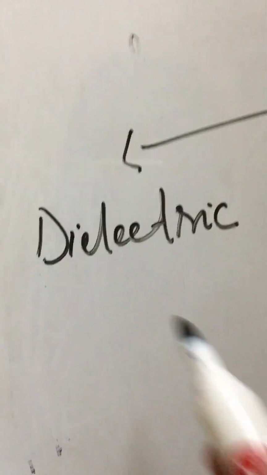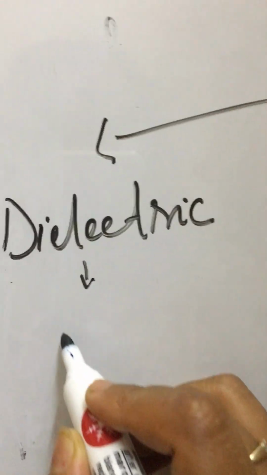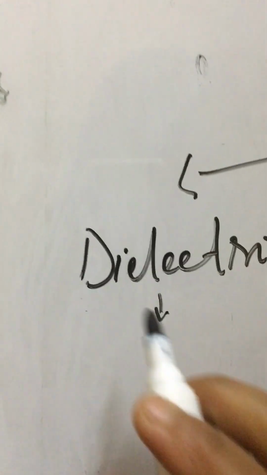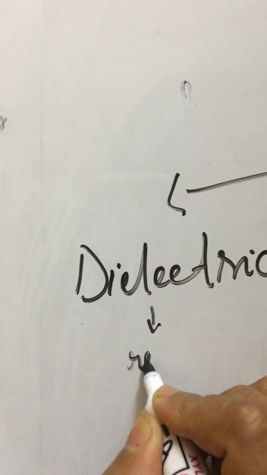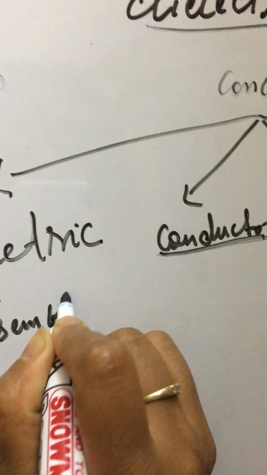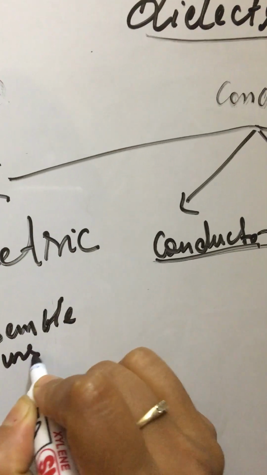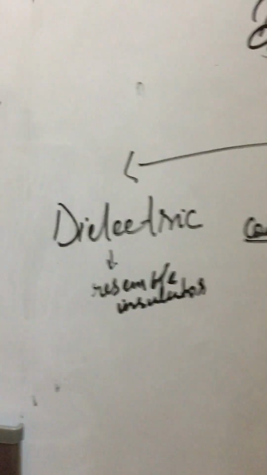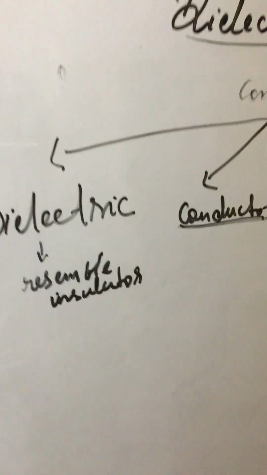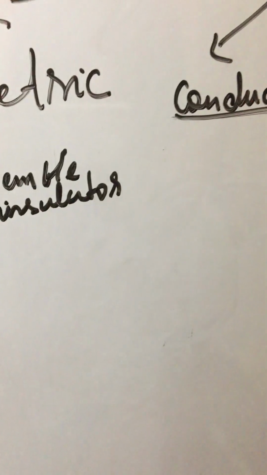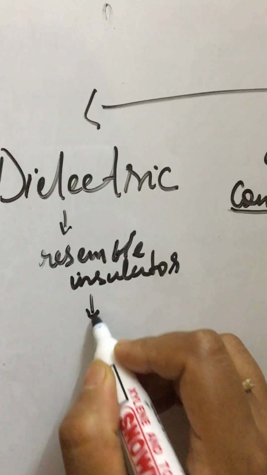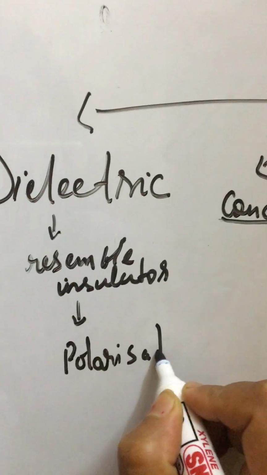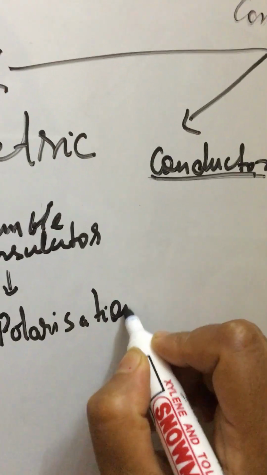In this material, the electrons are tightly bound. It resembles the insulator. Some books even write it as insulator, because many of its behaviors are the same as the insulator's, but it allows polarization. This is the only difference between a dielectric and an insulator.